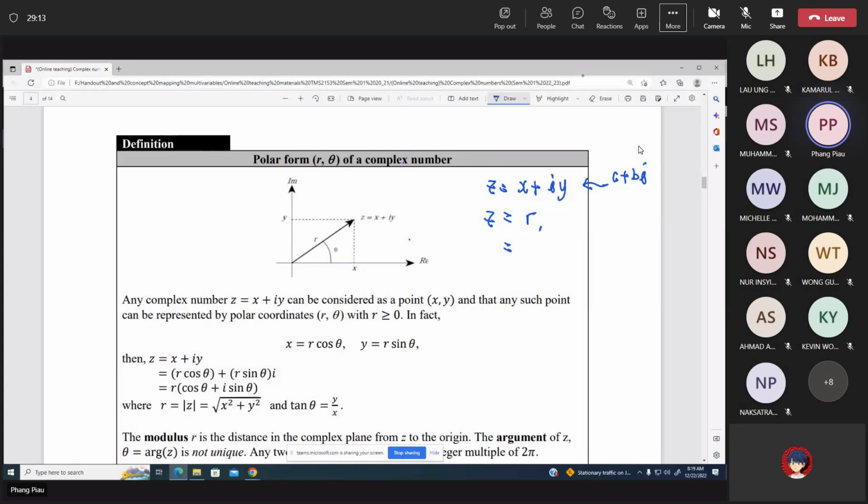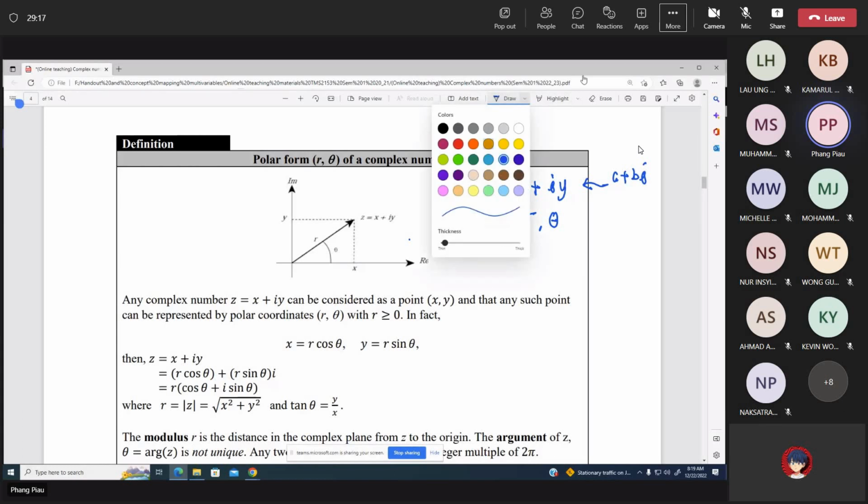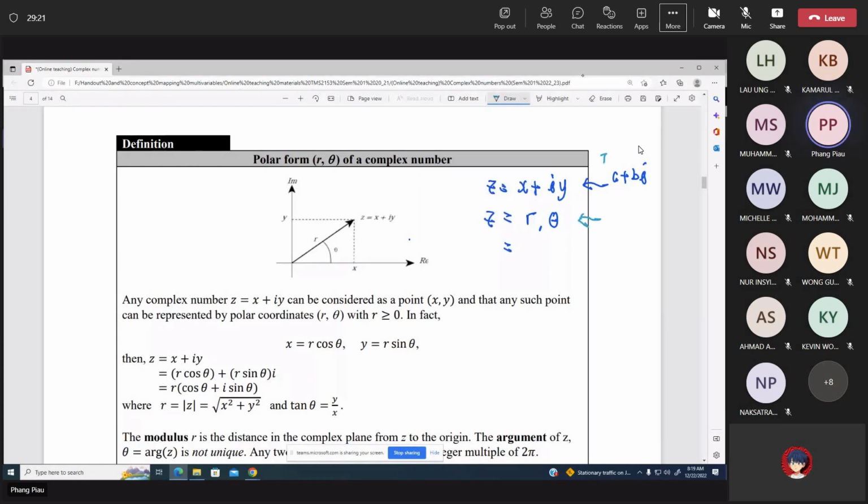You give it in r and theta. So that is another form where we call this a polar form. Okay, so this is the first form. This is the second form. We call it a polar form. I think I don't have to explain much on this. After your multiple integral, you should know what's the meaning of polar here.